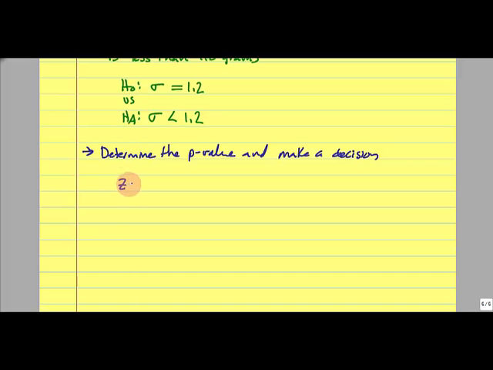So the information I'm given is z equals, let's do 1.24, and we have a two-tailed test, and I'm also given a level of significance of alpha equals, let's go ahead and do 0.10.